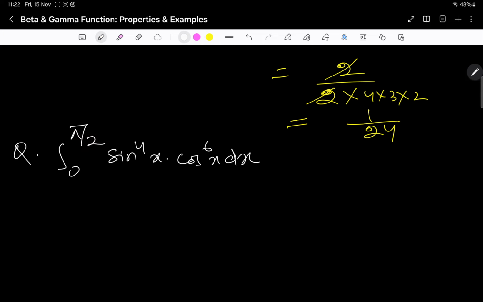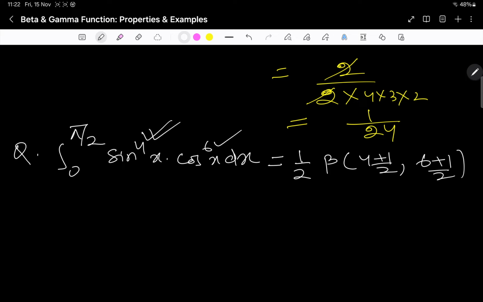If I ask you to evaluate this, then you apply the properties here. This is half of beta of 4 plus 1 by 2, comma, 6 plus 1 by 2. So this is half beta of 5 by 2, comma, 7 by 2.